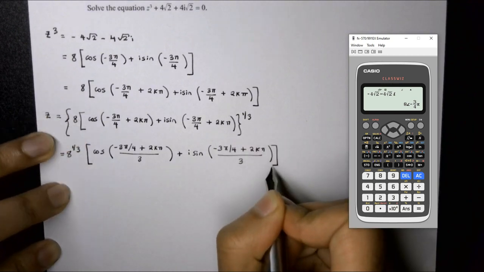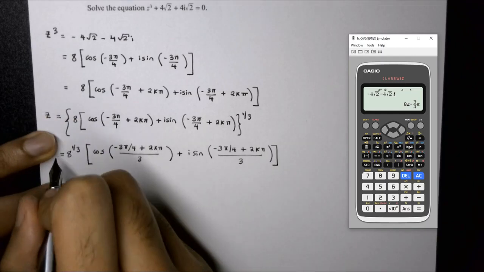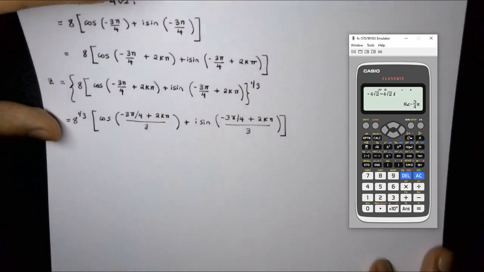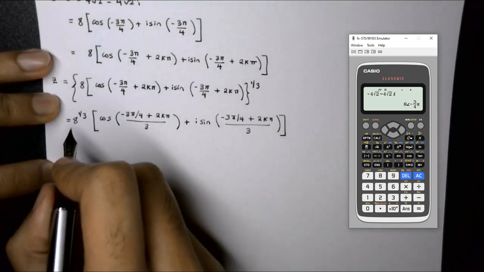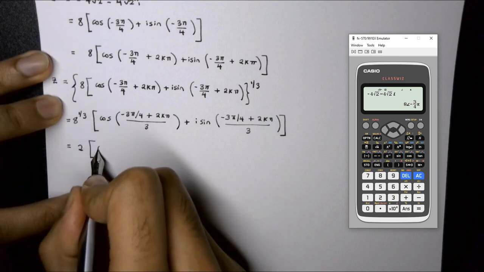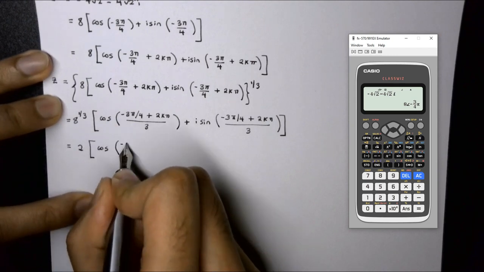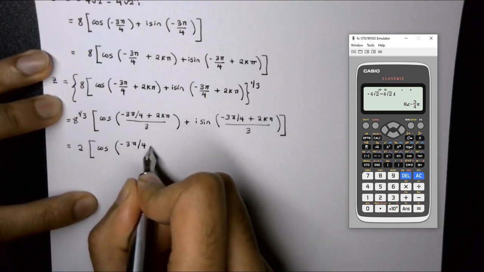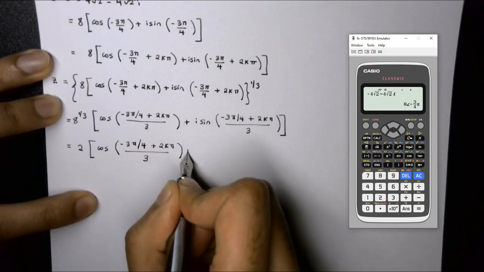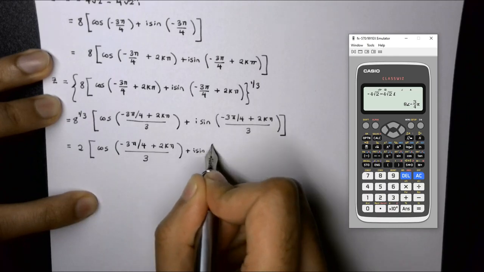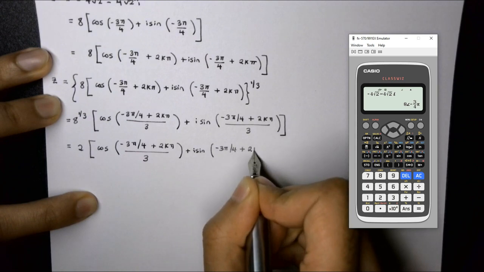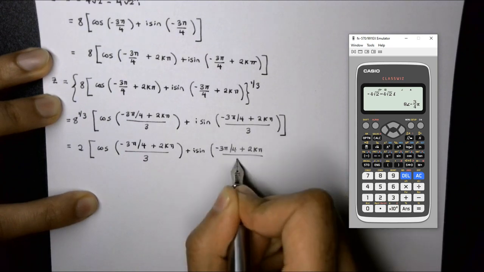So we've just used De Moivre's theorem. 8 to the power of 1/3 is equal to 2. So we have 2 lots of the cosine of -3 pi over 4 plus 2k pi over 3 plus i times the sine of -3 pi over 4 plus 2k pi over 3.